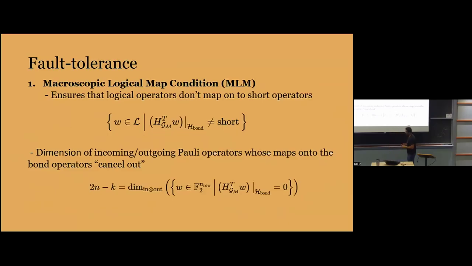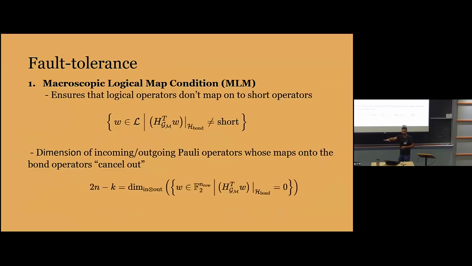In the current version of the paper, we call it something else, but this is a new name that I used for the talk. So the idea of this condition is that the logical operators should never map onto short operators when you apply this mapping of the gadgets onto the internal legs.